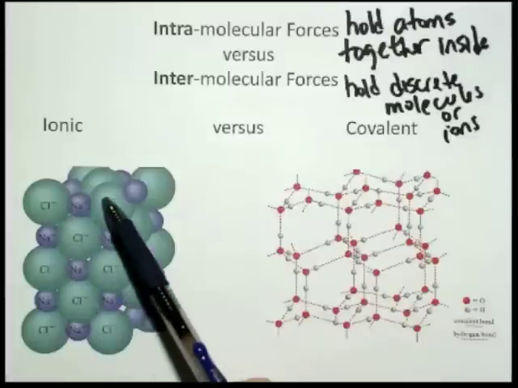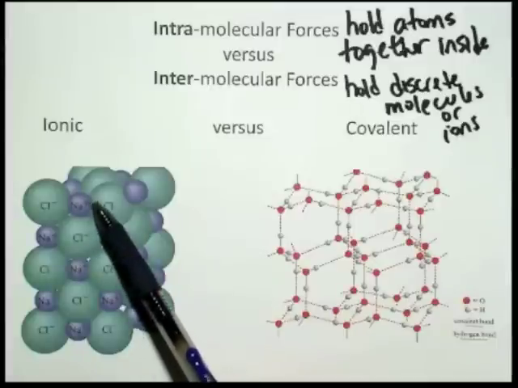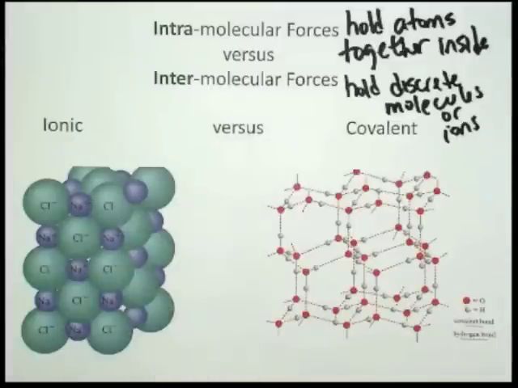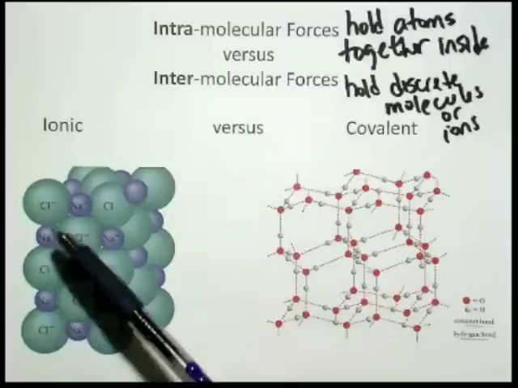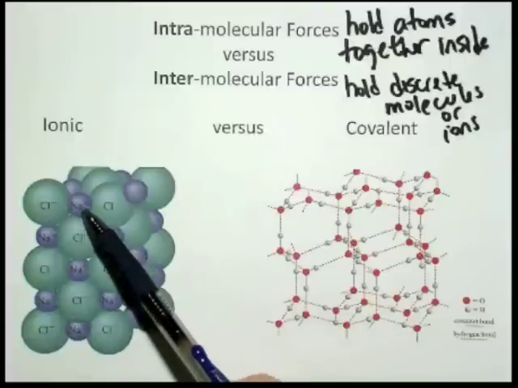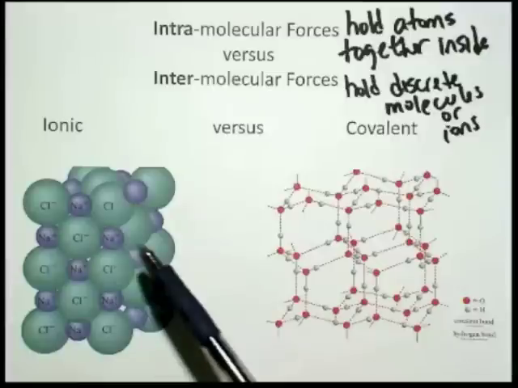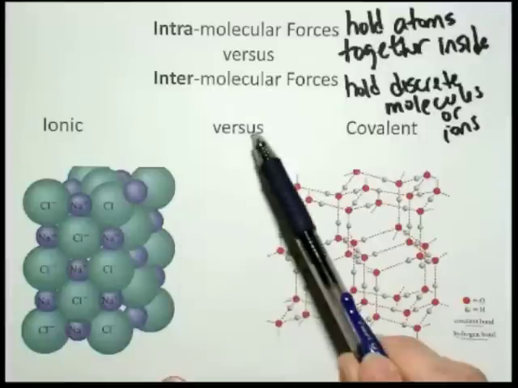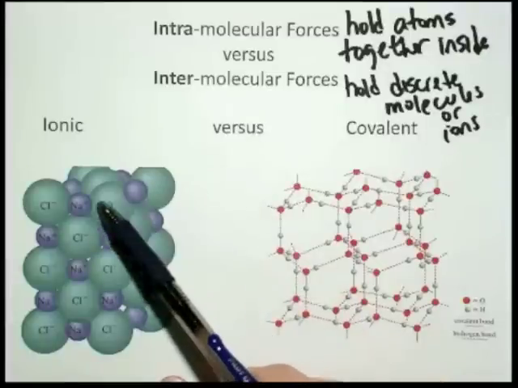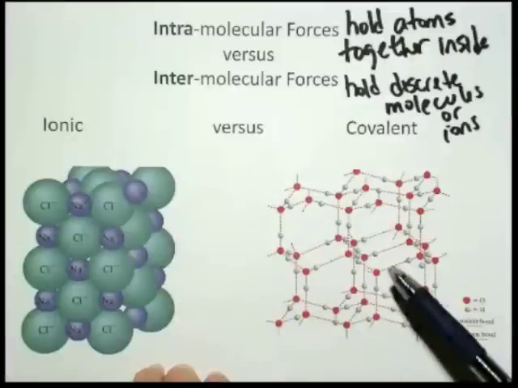And so that's actually what we would consider a very, very strong intermolecular force. But it's so strong that when we introduce this concept to people, we introduce it as a bond, and bonds, as we'll see, are electrostatic attractions. So this is really a very, very strong type of intermolecular force. We use the term loosely because we know that these aren't molecules; it's inter between the discrete ions.